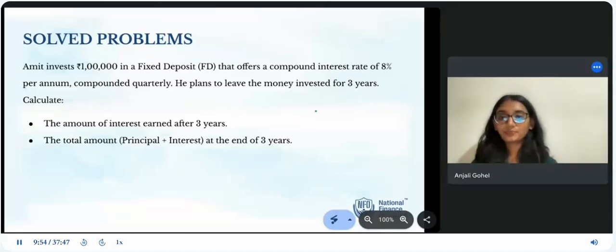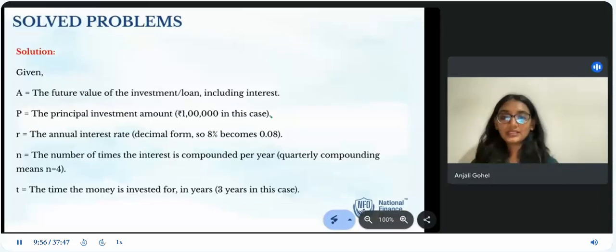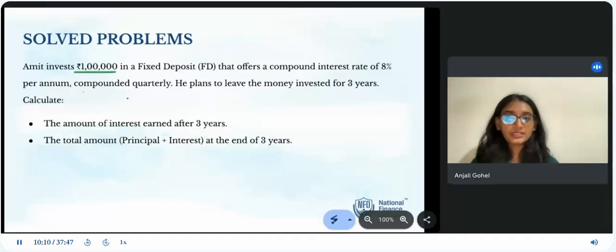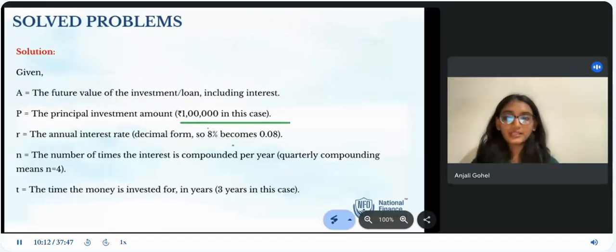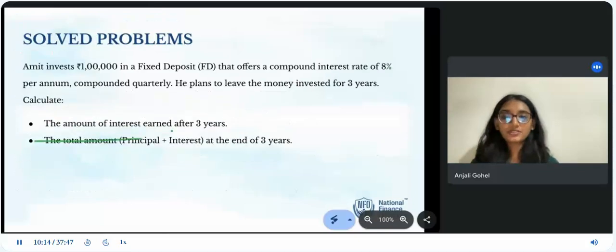Now let's calculate this and also check if you have already got this right. A means the future amount, which is the total value including the interest, right? P means the principal investment, which is 1 lakh rupees in this case. The question itself will give all of this information.